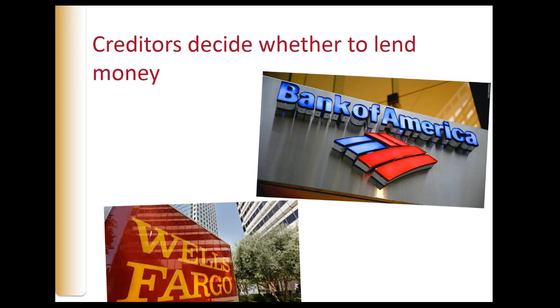Creditors, banks. In Minnesota, we are big with Wells Fargo. Not as much Bank of America, but these are some large banks, and they lend businesses money. How do banks decide who to lend money to? Well, banks use financial statements to decide, is this company an acceptable risk for us to lend money to?